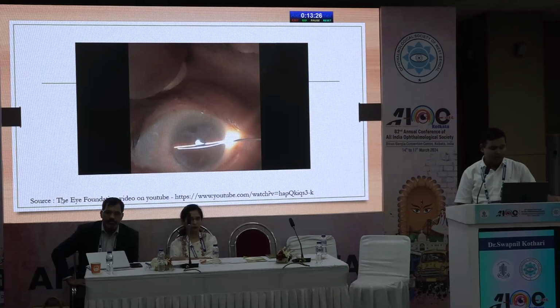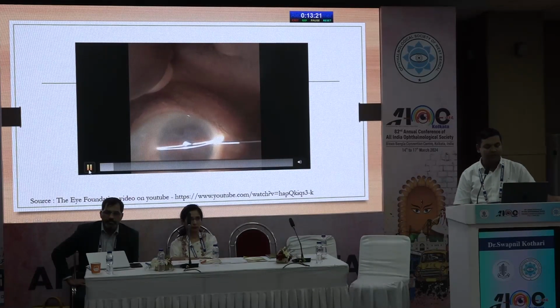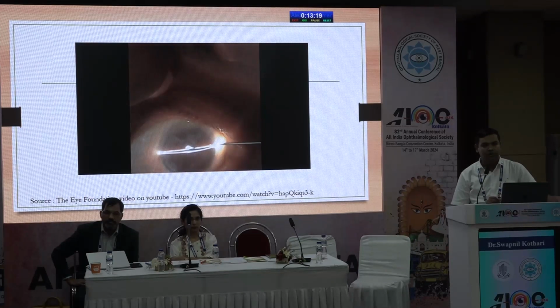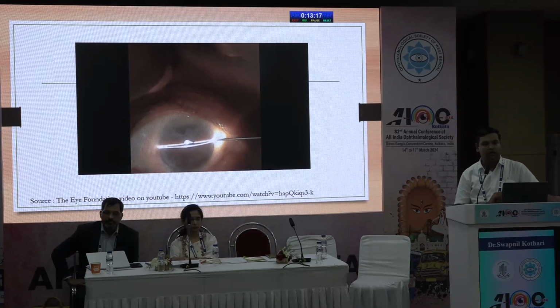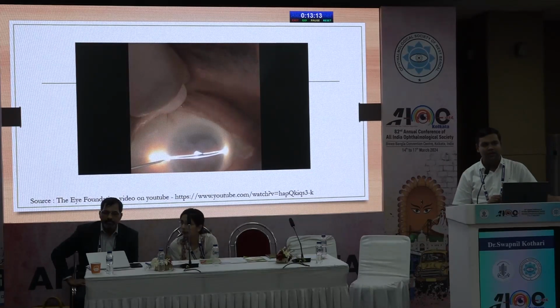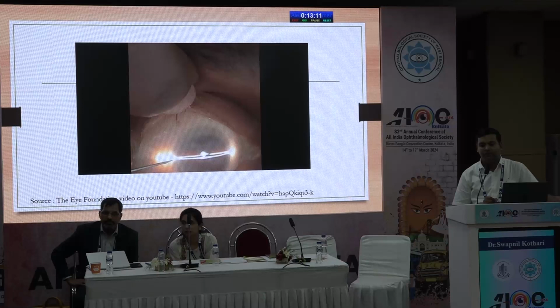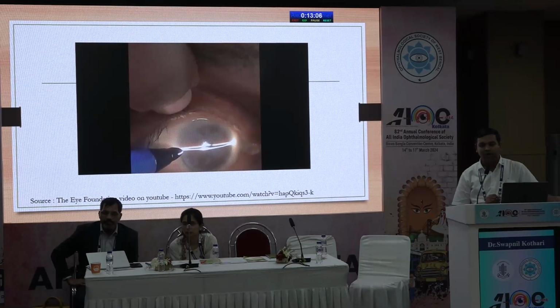You can use a small 30 gauge or 26 gauge needle to create a small epithelial defect where your slit lamp light is going, and later use your normal marker pen to mark the scratch.